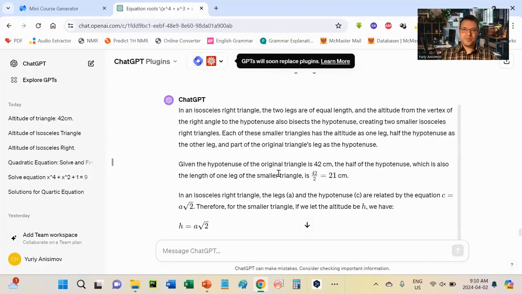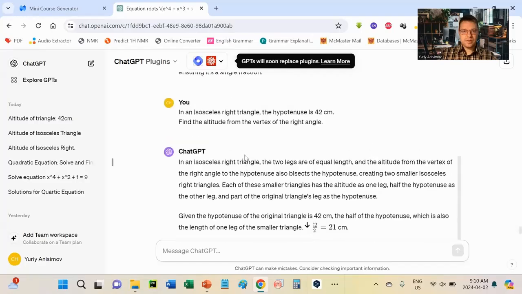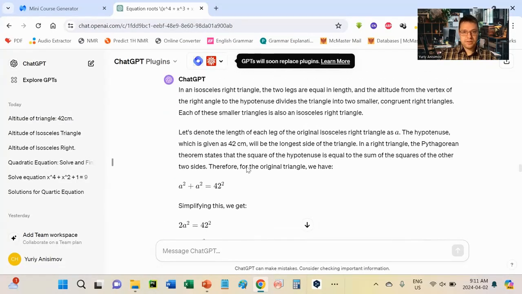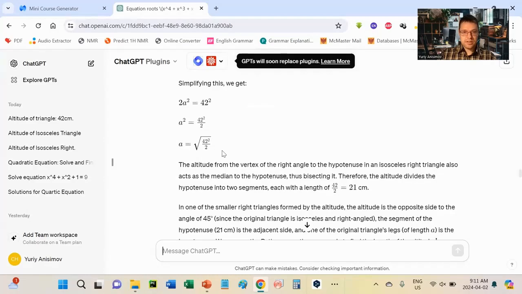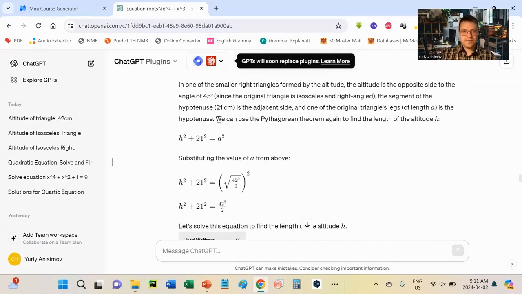I can even show you this conversation with the plugin from before. I don't know why, and now it doesn't offer the correct solution. Yeah, there we go. So this was its previous solution. Two legs are equal. Smaller right triangles, they have 45 degrees, yes. 21 is half of the hypotenuse for the smaller triangle, yes.